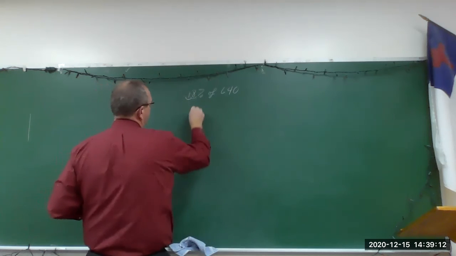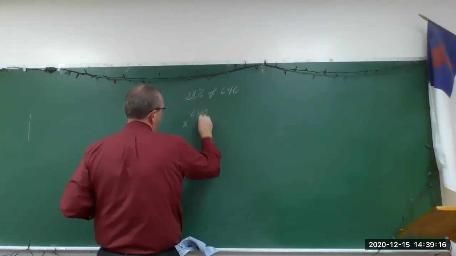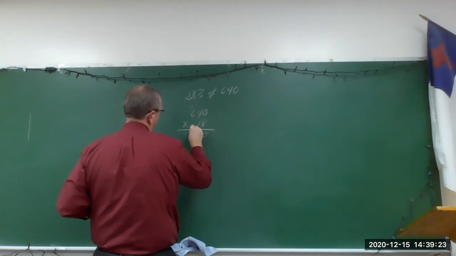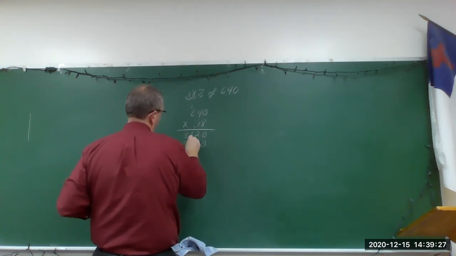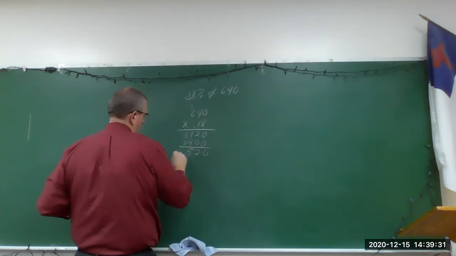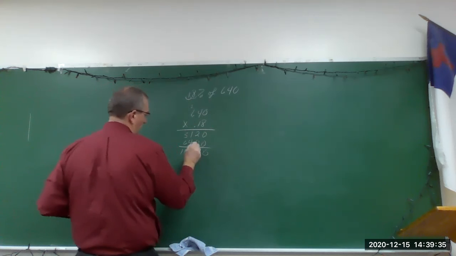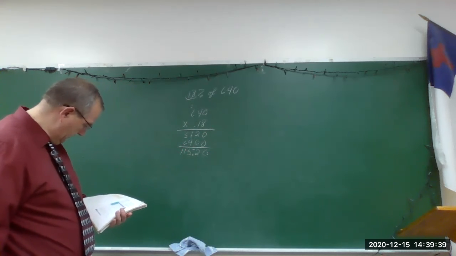So you're going to have 640 times 0.18. Two decimal points, so it would be 115.2. Okay.